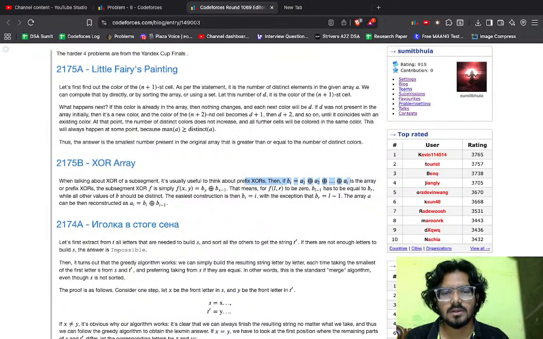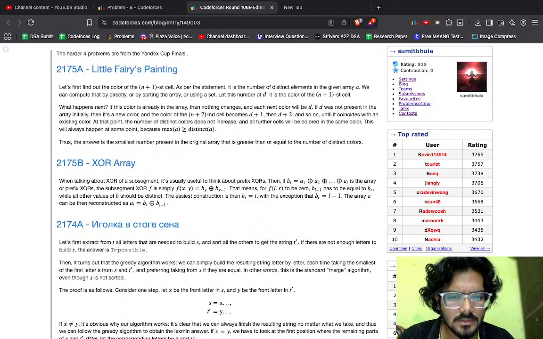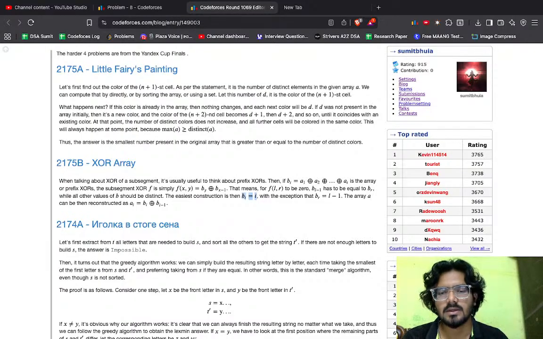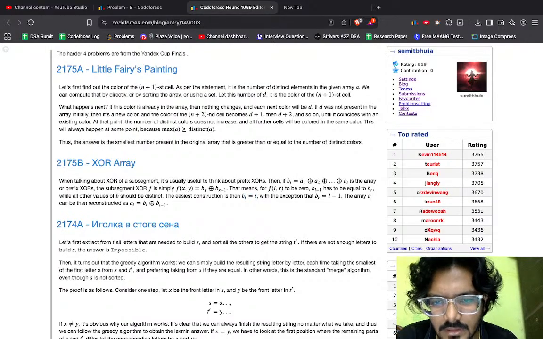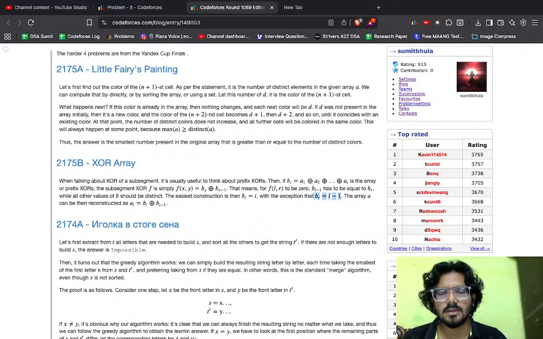XOR, okay, doesn't matter. So b i needs to be simply i, considering the right should be 1 minus 1.